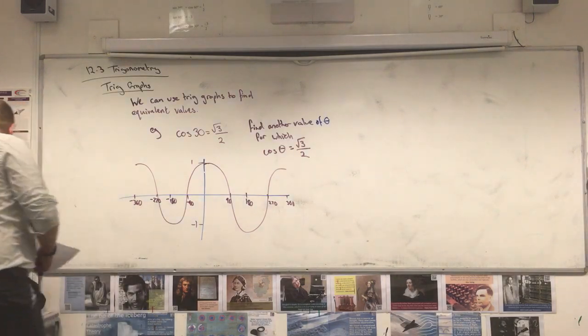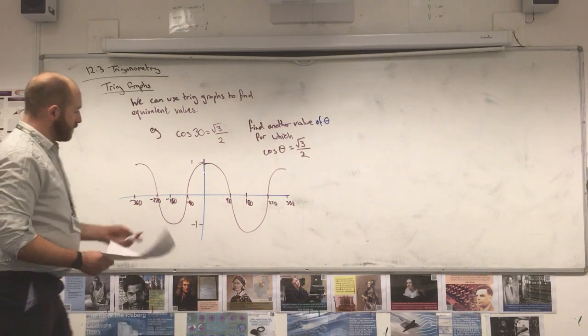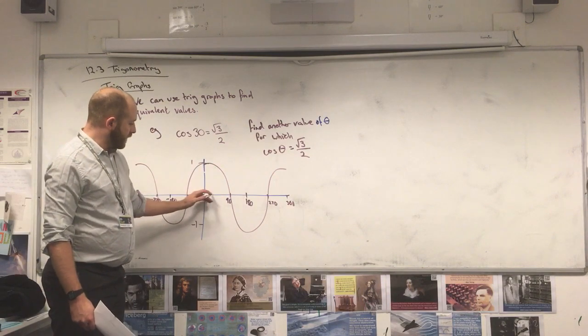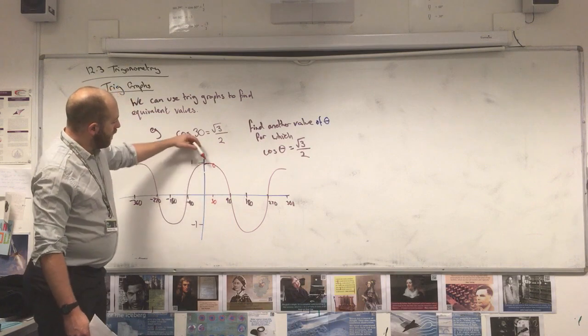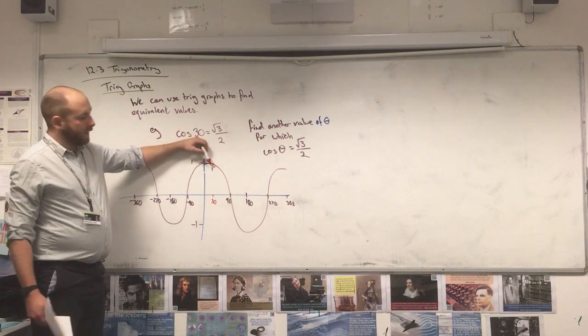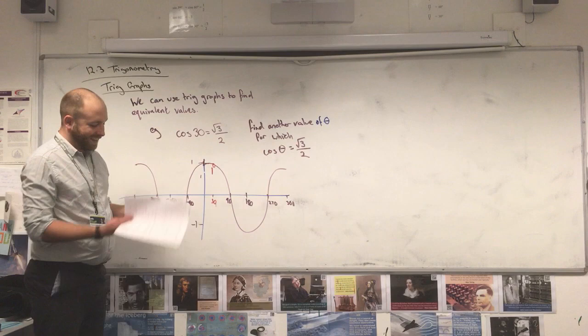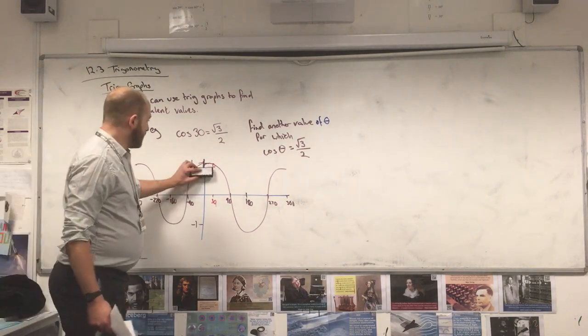So, we're told cos of 30 is root 3 over 2. So if you find cos of 30, 30 is about here. So that's going to give us that value. So any other value will be in the same place on the graph. We can do a pencil. Great.